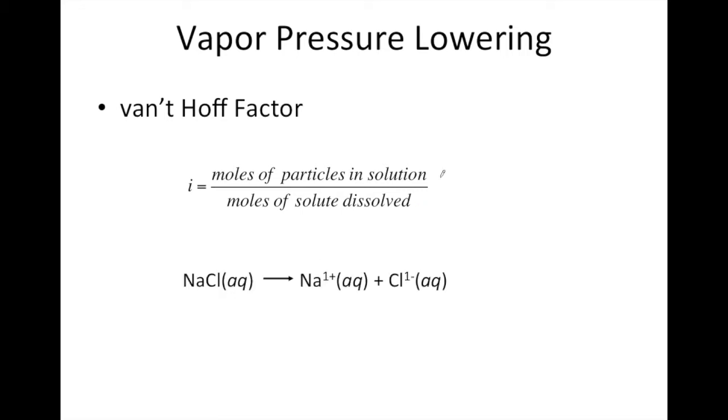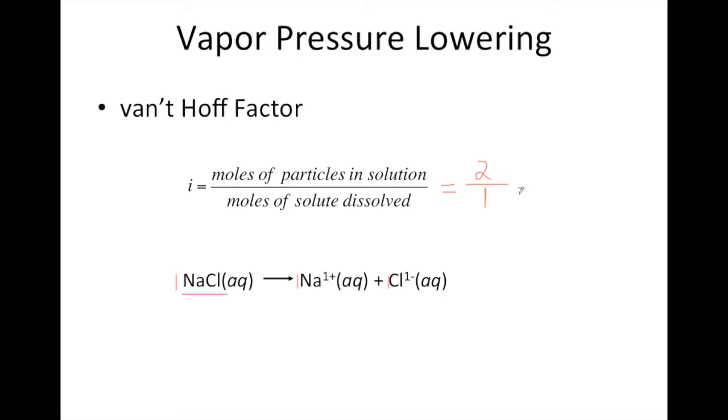Let's say that our solute that we dissolved in water was sodium chloride. For every 1 mole of sodium chloride that we put in solution, we're going to produce 1 mole of sodium and 1 mole of chloride. So for every 1 mole of sodium chloride that we dissolve, we're going to get 2 moles of ions, or 2 moles of particles.